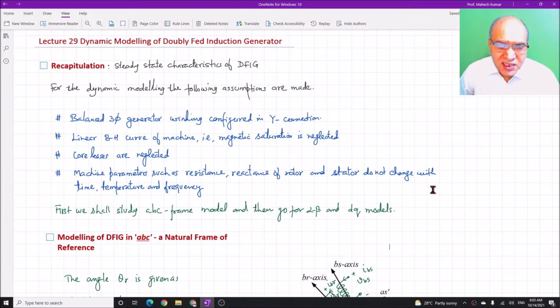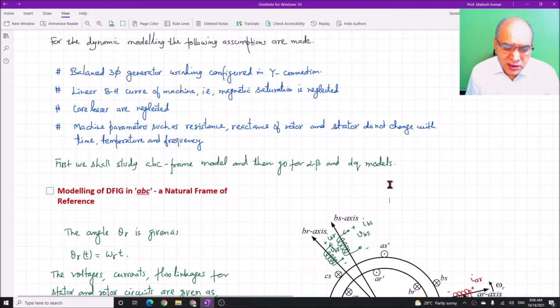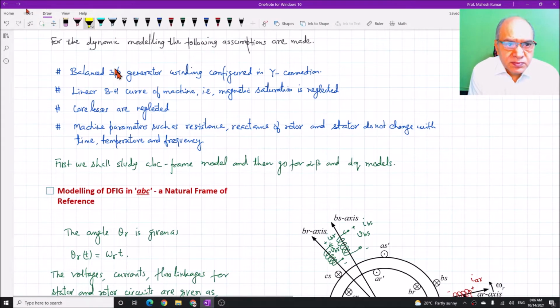So in this analysis, that is dynamic modeling of the doubly fed induction generator, the following assumptions are made. First, the system is assumed to have balanced three-phase generator winding considered in a star connection.